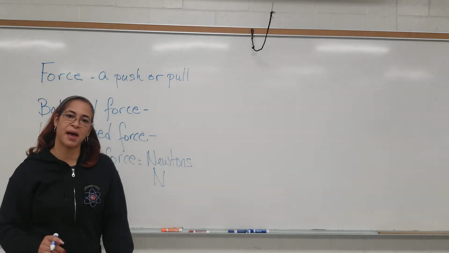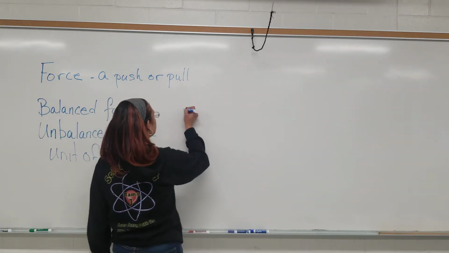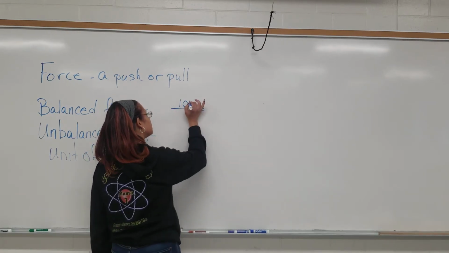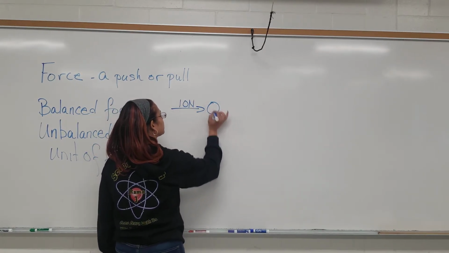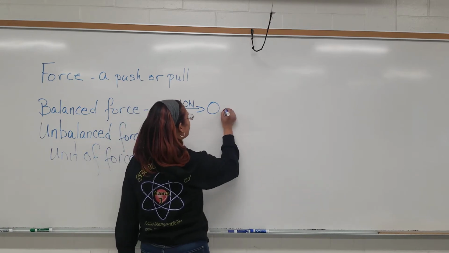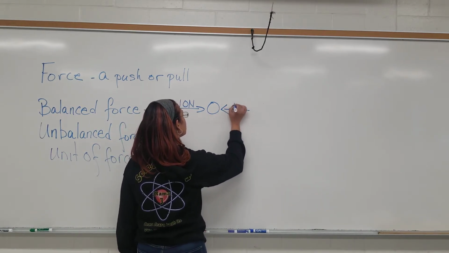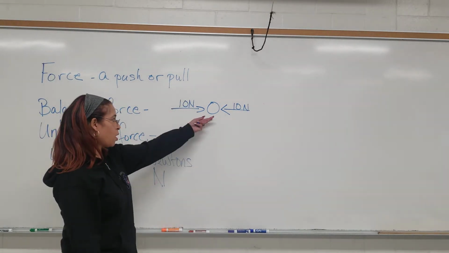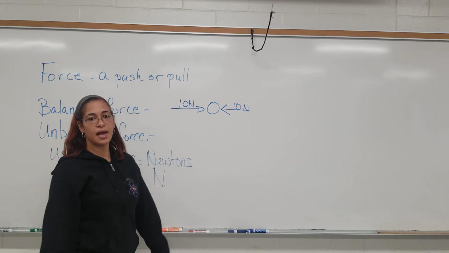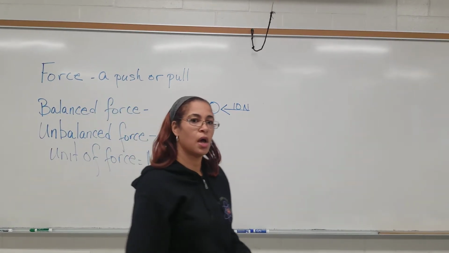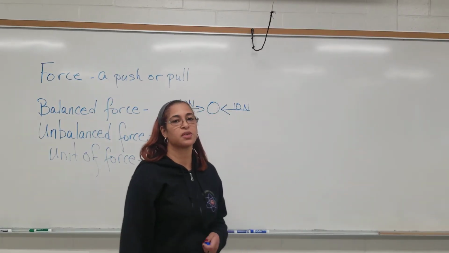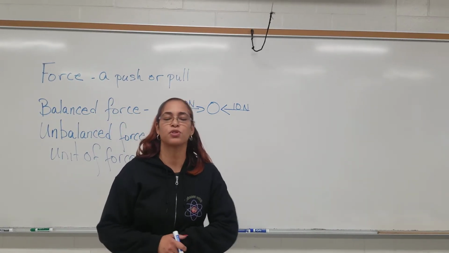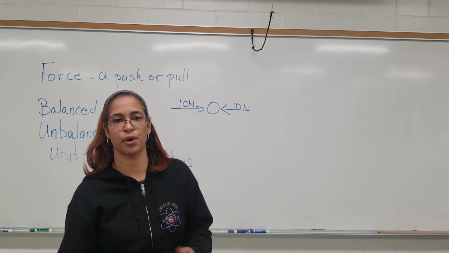So if you have a balanced force, let's say you have a force of 10 newtons being applied in this direction on, let's say, a ball. And then you have a force of 10 newtons being applied in this direction on the ball. Well, this ball is not going to move. Now, the thing about forces, they're called vector quantities because not only are you looking at the magnitude or the size of the force, but you're looking at the direction in which the force goes.